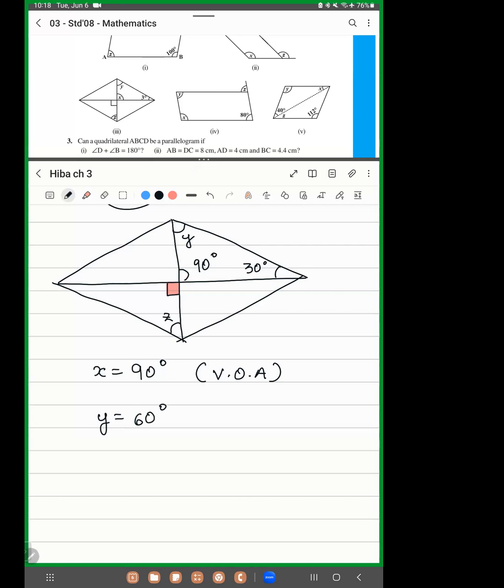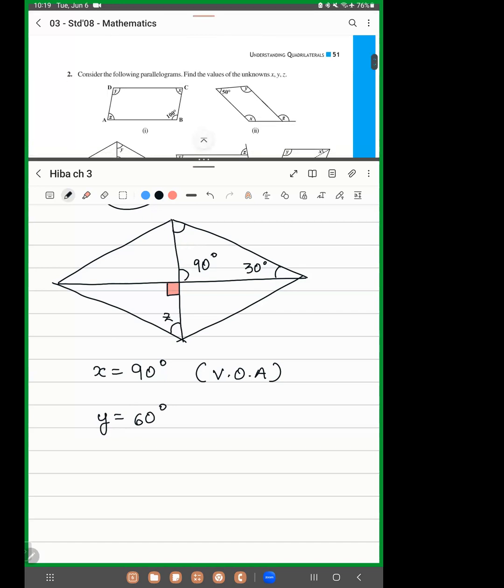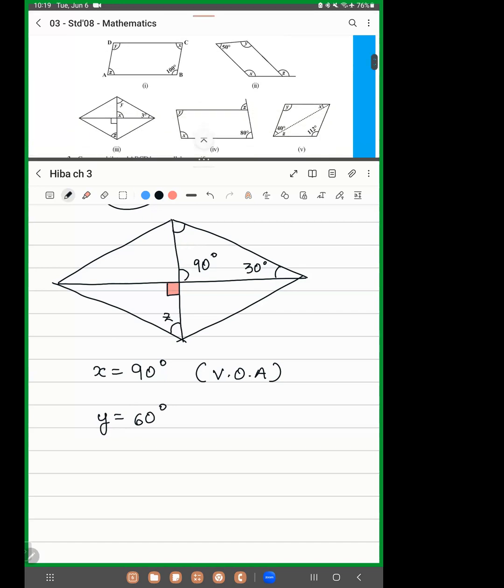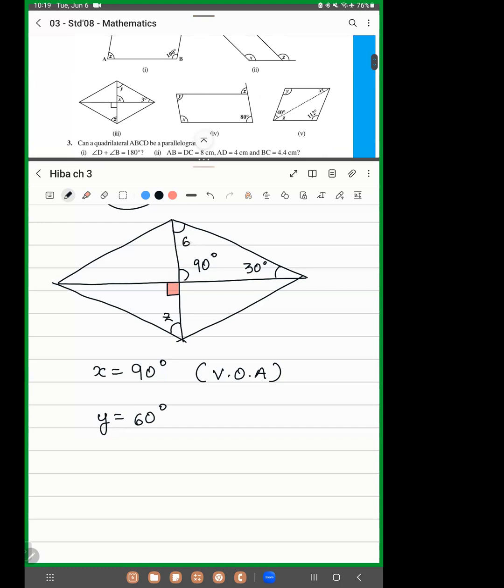Okay. Now let's come to Z. And by the way, this is a parallelogram, है ना? So this is 60. All right. Now what do we do? I think Z is equal to y because they are alternate interior angles.